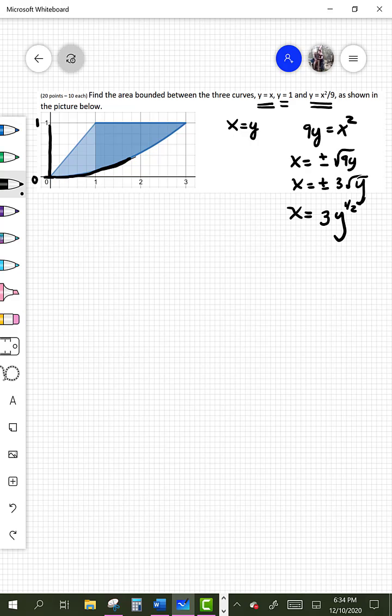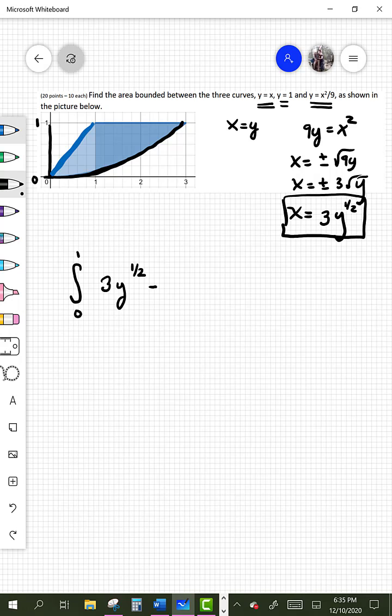The top bound on y is this function, x equals 3y raised to the 1/2, minus the bottom function closest to the y-axis. So we're going to look at this integrating from 0 to 1. The furthest away function from the axis is 3y raised to the 1/2 minus the function closest to the axis, which is y, and then dy.